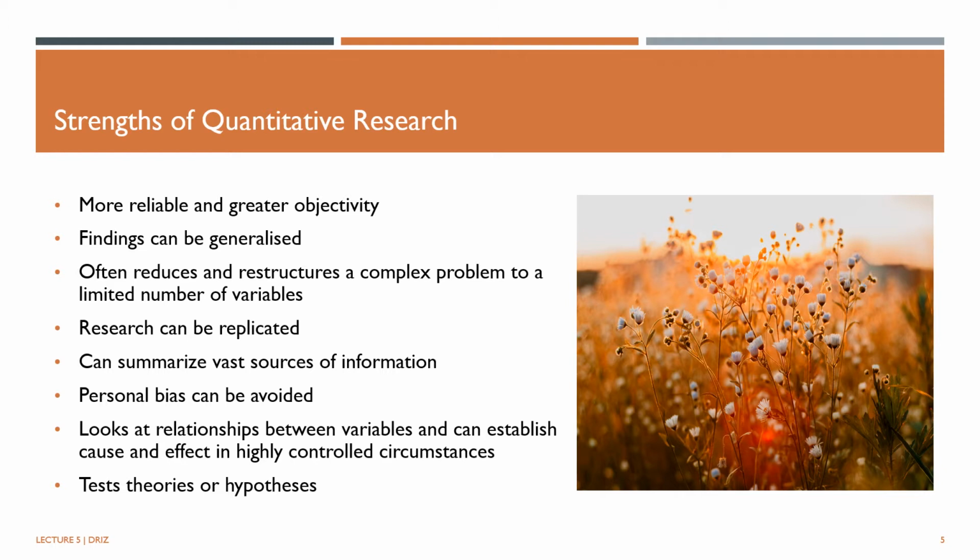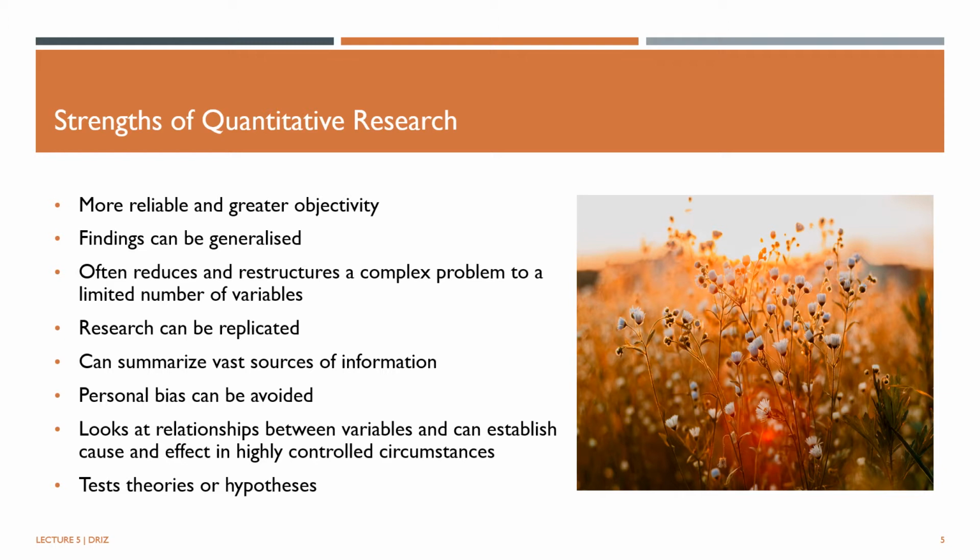Quantitative research applies well-established standards, which means that the research can be replicated and then analyzed and compared with similar studies. Besides that, you can summarize vast sources of information and make comparisons across categories and over time.